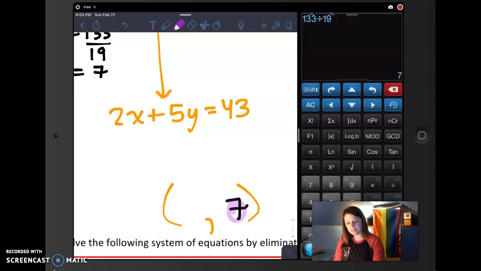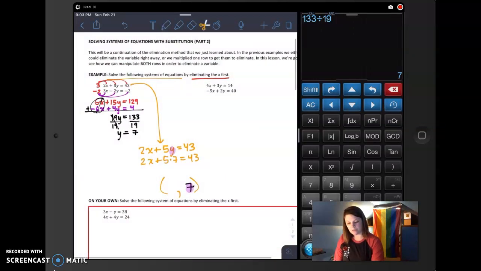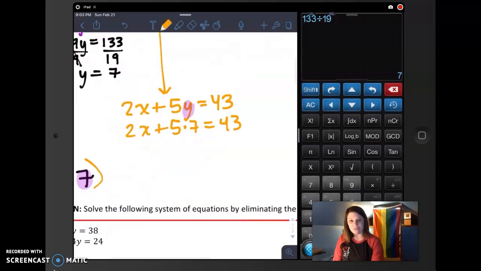Now I'm going to replace my y with 7. So I have 2x plus 5 multiplied by 7 equals 43. All right, so now we have 5 times 7 is 35. So 2x plus 35 is equal to 43.